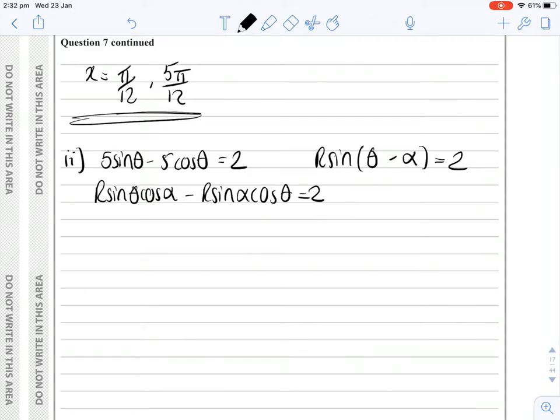So here we've got a sine theta and a sine theta, a cos theta and a cos theta, and so we've got R cos alpha is equal to 5, and R sine alpha is equal to 5.